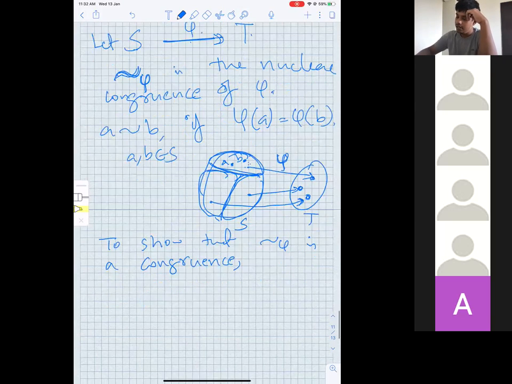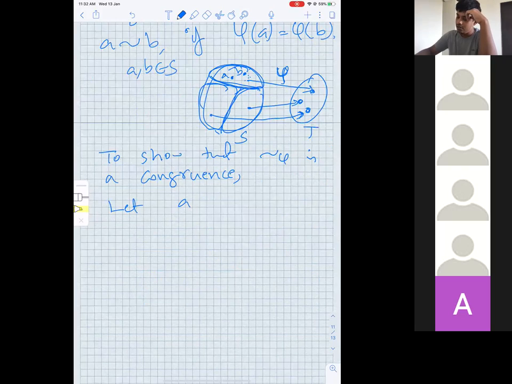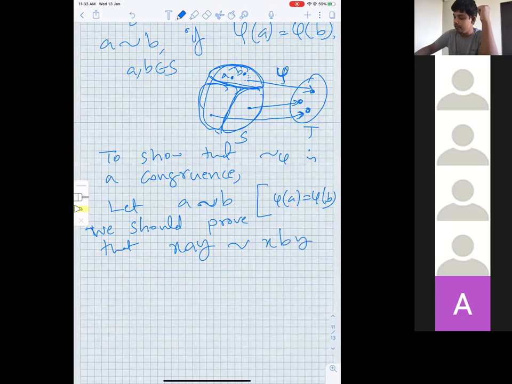Okay. So let A be congruent to B. That means that phi of A equals phi of B. Now what should we prove? We should prove that XAY is congruent to XBY, if I take elements X and Y from S1.